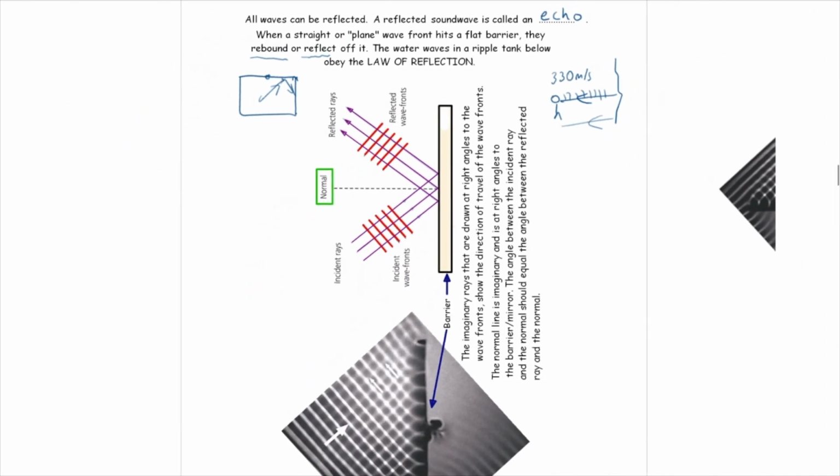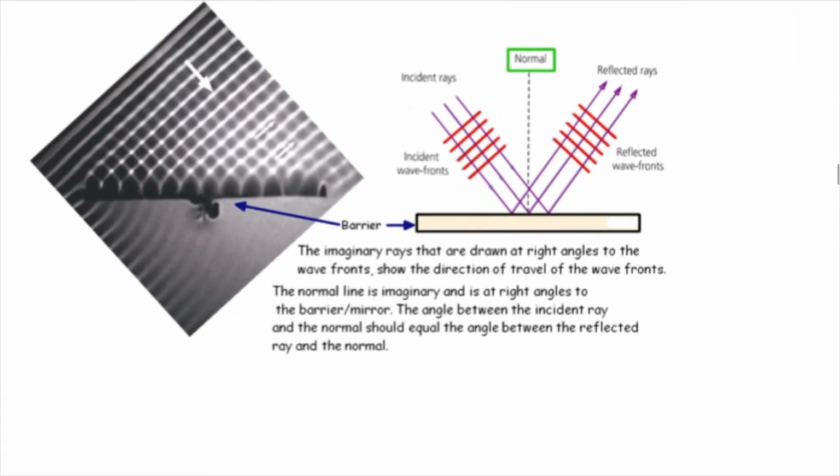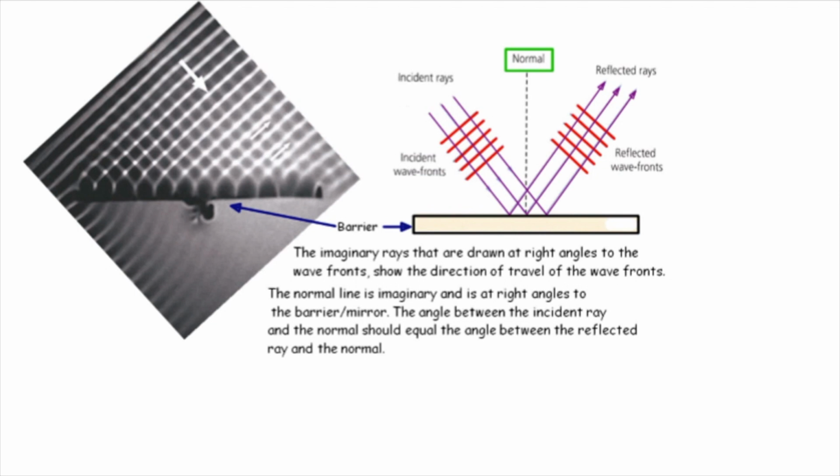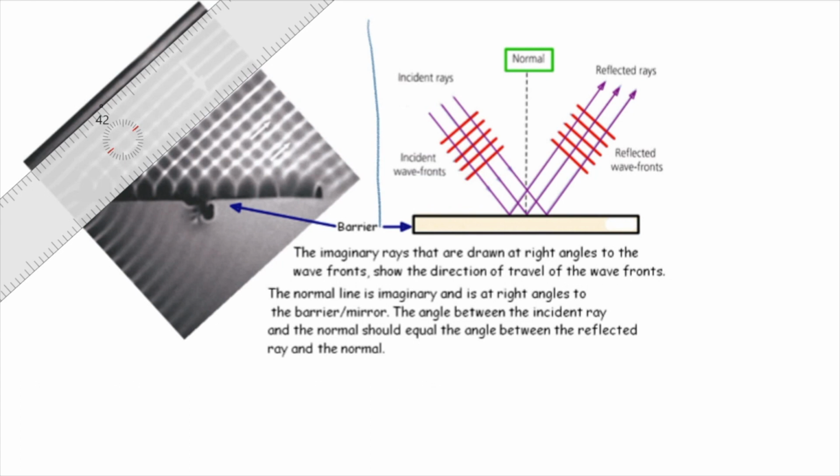Now, that part below I've just copied over here so I can make more sense of it for you. If I draw a line down here, to the right of that line is a simplified diagram of what's to the left. To the left of the line is a photograph of water waves, and it's difficult to tell from that photograph, so I'll use the ruler to draw a line where the water waves are coming from.